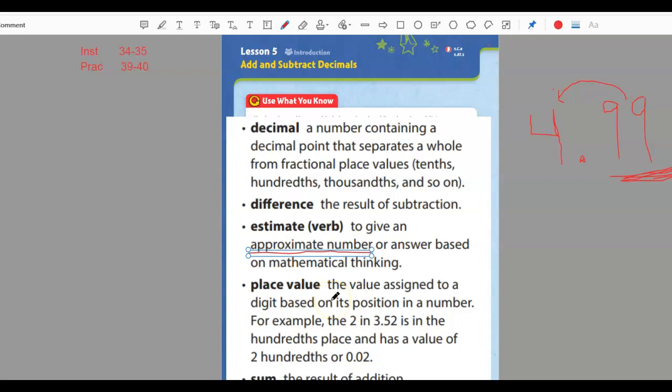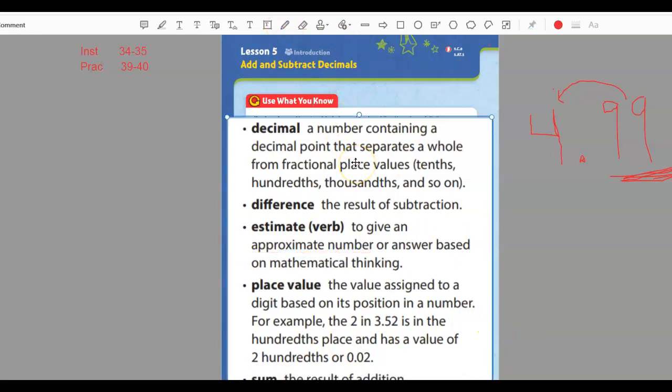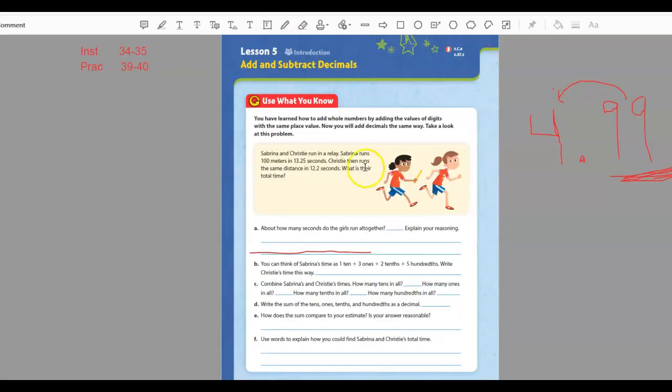On the right-hand side, we have tenths with that TH behind it, hundredths, and thousandths, and it continues on and on, but fifth graders only need to know up to the thousandths. And then sum. Our last one says sum down there at the bottom, and sum means we're going to add things together. Okay, so let me get rid of our vocabulary and go right into our lesson.